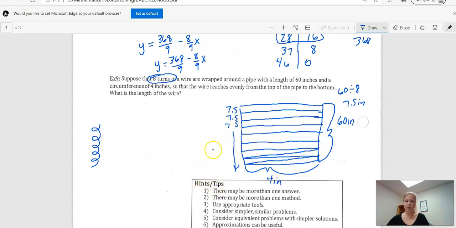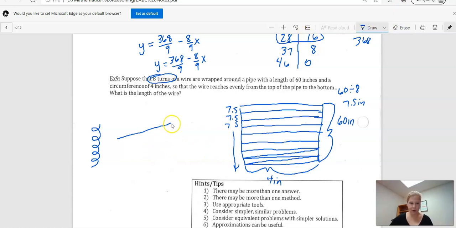So the question is asking us, what is the length of the wire? Well, I've got this distance right here 8 times. So in this problem, we're going to pull out that triangle and find the distance of one of them.